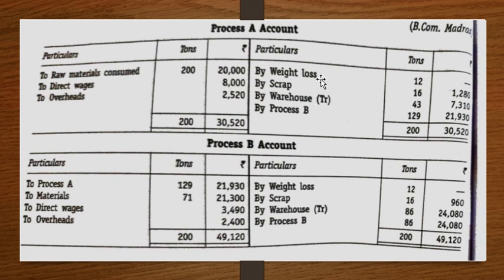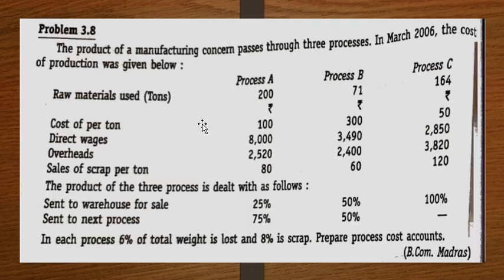Then we will find out the amount. Here sales of scrap per ton is 80. Now weight loss is 6%, which is 12 tons, and 8% scrap is 16 tons.